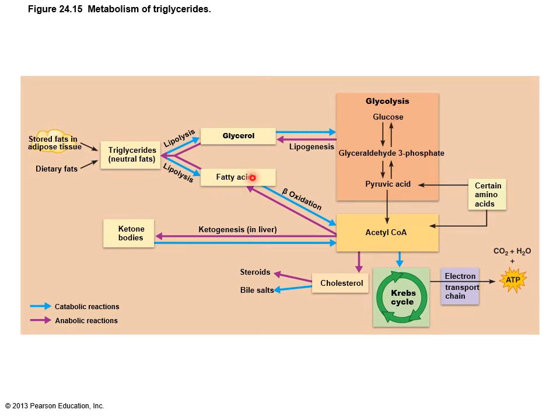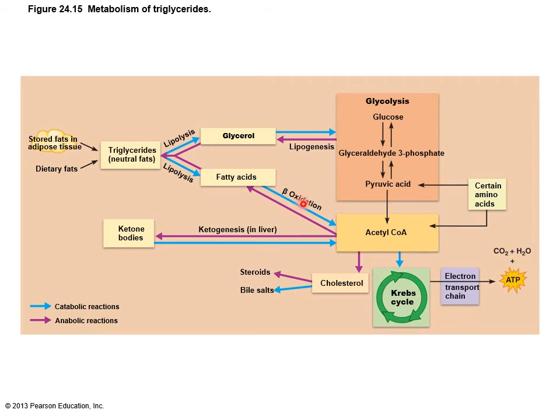But here's the problem. The main part of the fat molecule are these long fatty acid chains, and they can be in excess of 20 carbons apiece, and you have 3 of them. Now, these fatty acid chains are broken down 2 carbons at a time by a process called beta oxidation. So you chop them up into 2 carbons.